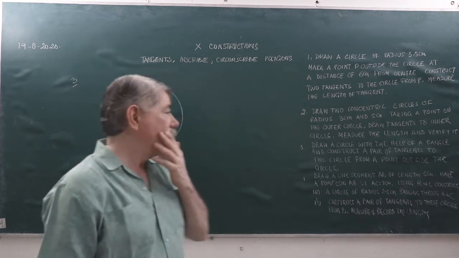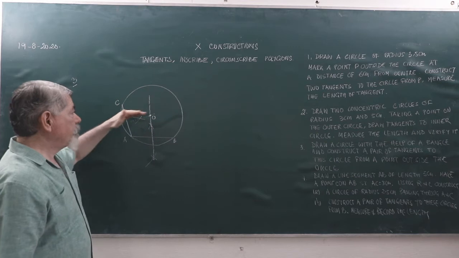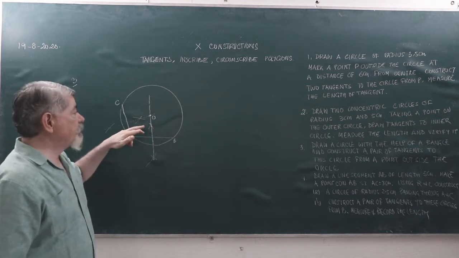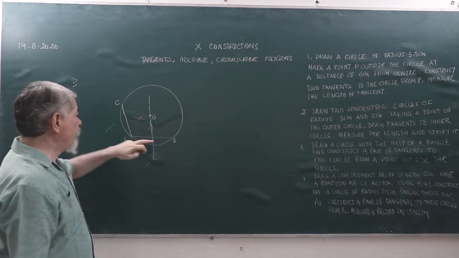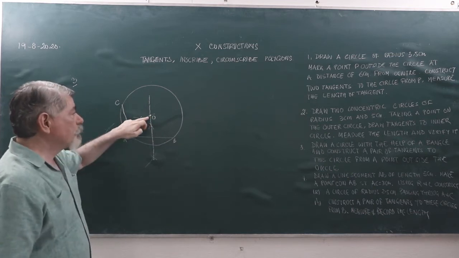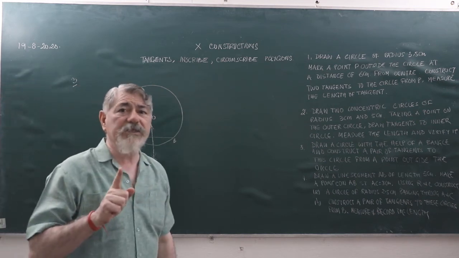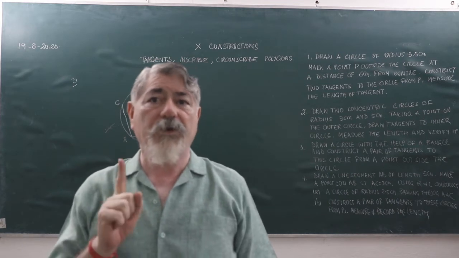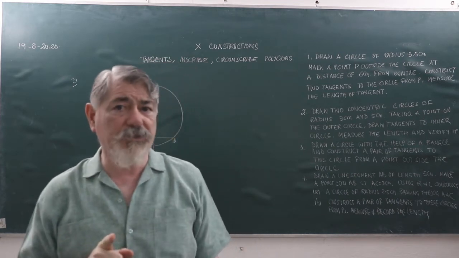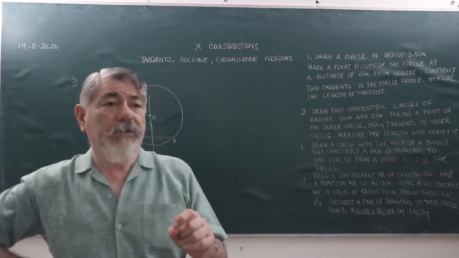For that matter, I take another chord AC and bisect it. The bisectors of the two chords will cut each other at point O, and O will be the point which is equidistant from B, A and C. So O is the center of the circle, because one and only one circle can pass through three non-collinear points.